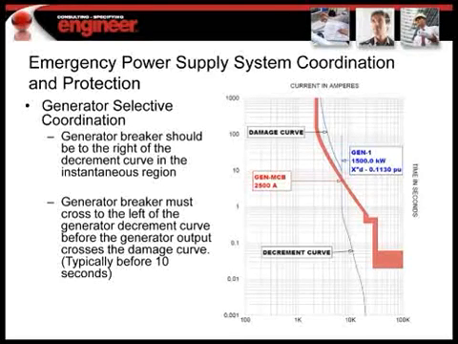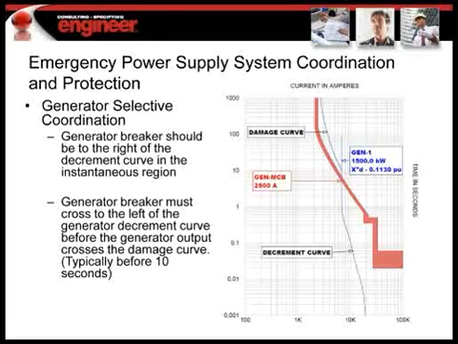In this example, we're on the right side up until somewhere around 8 seconds, and then we jump across to the left side, which means we're allowing the generator to produce all that fault current until we get to 8 seconds, and then we're protecting the generator. If the downstream breakers have not tripped at that point, the generator is not going to get damaged, because we're going to protect it at the generator.